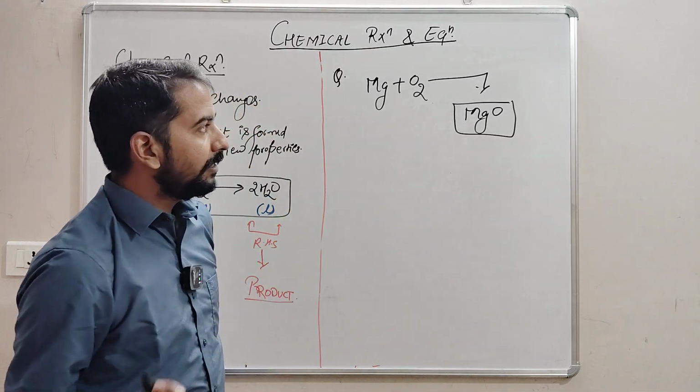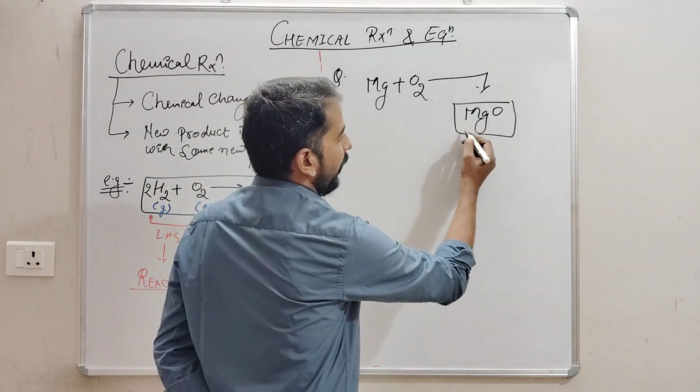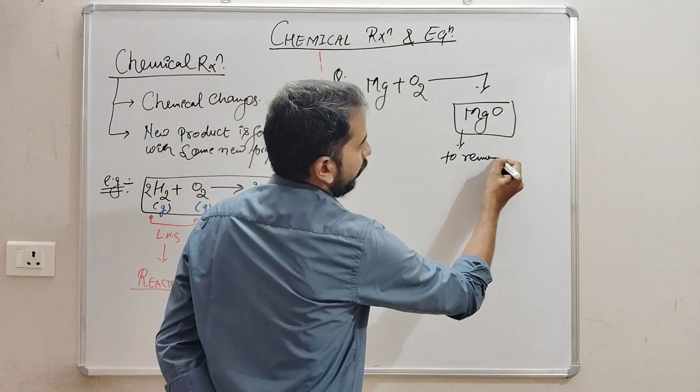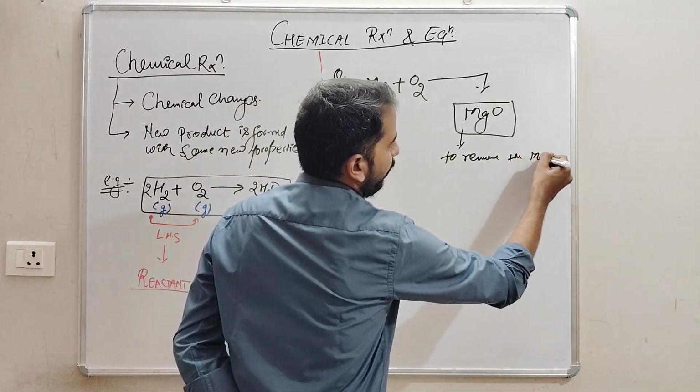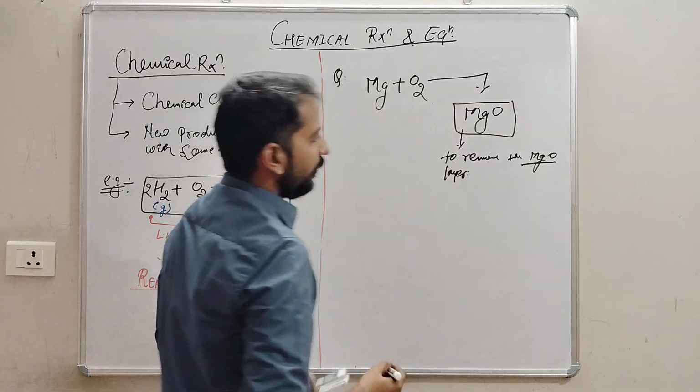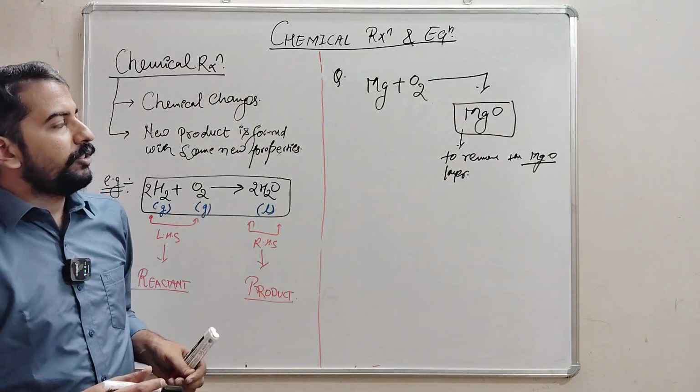Okay, so this is the simple explanation to remove the मैग्नीशियम ऑक्साइड लेयर. ठीक, ये एक क्वेश्चन हो गया.